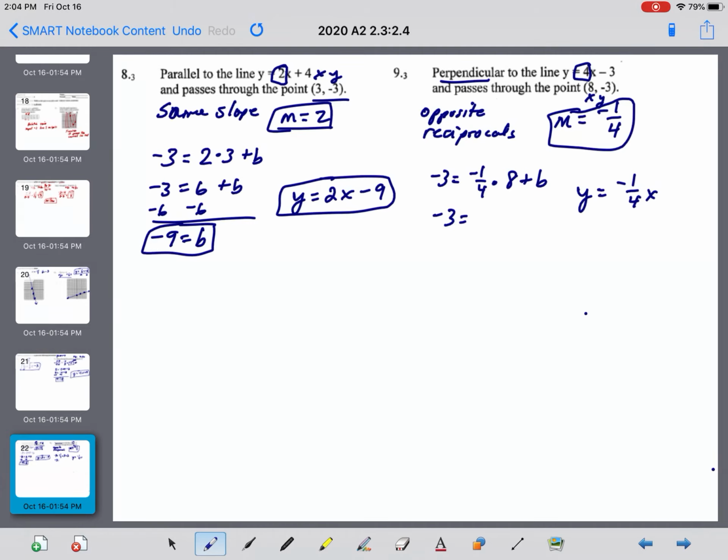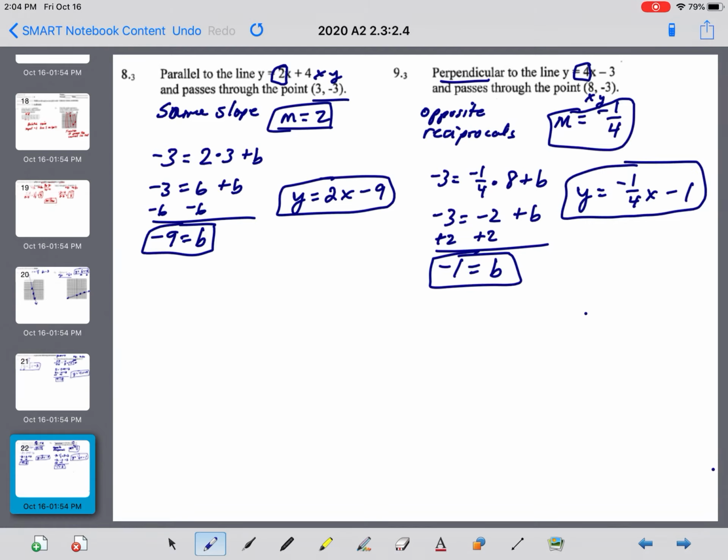Negative 3. Negative 1/4 times 8 is negative 2. Because 8 times negative 1 is negative 8. And negative 8 divided by 4 is negative 2. I'm going to add 2 to both sides. And get negative 1 is equal to b. So now I have the end of my line equation. That would be the line that satisfies all the information in number 9.